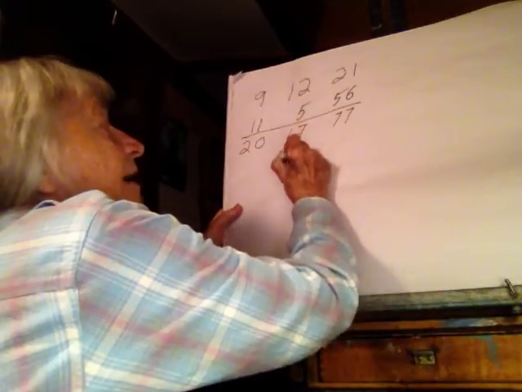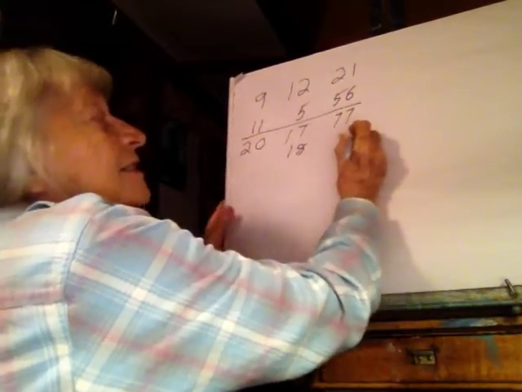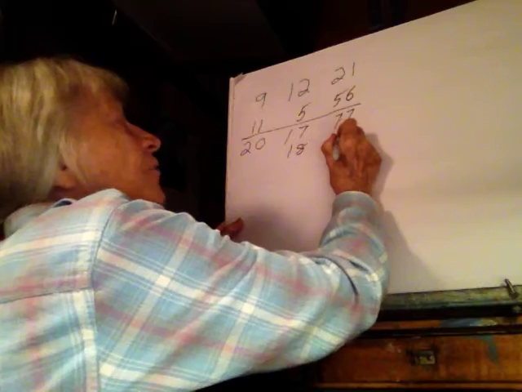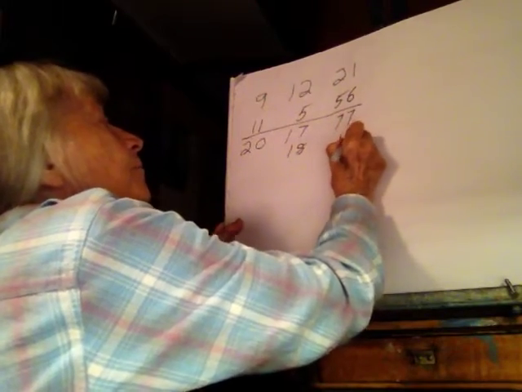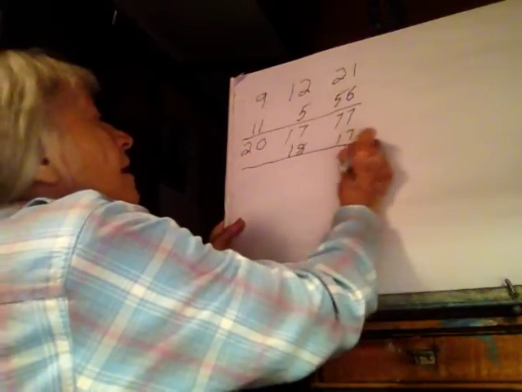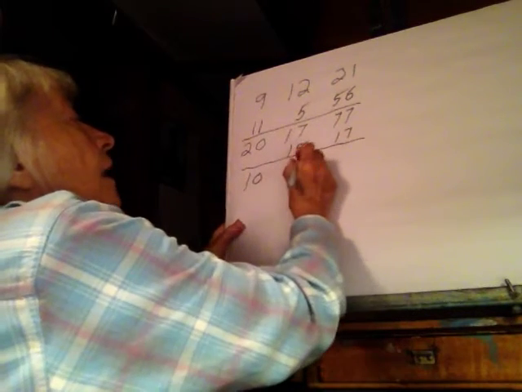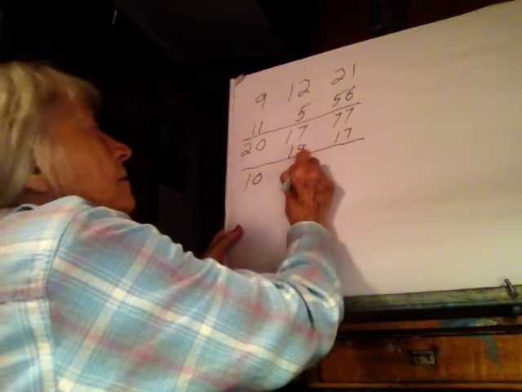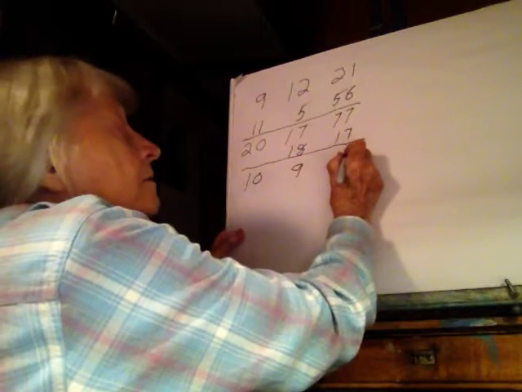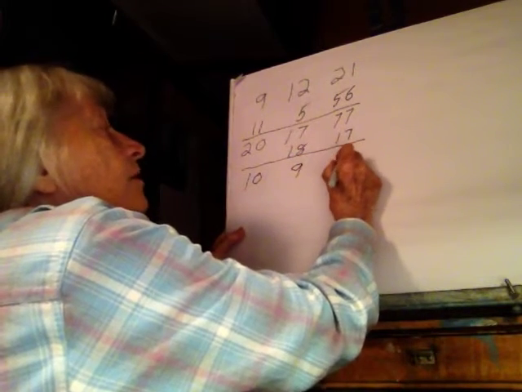So this will be 18, and when I steal 60 from here, it leaves 17. And when I divide by 2, I've got 10, 9, and let's give this one 9.